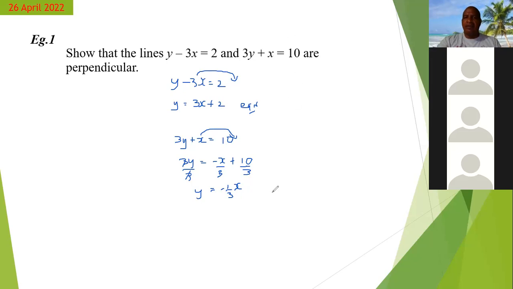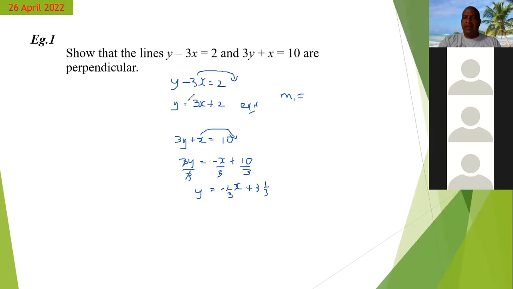Now, if you wish, you may convert that into a mixed fraction. What do you get if you convert that into a mixed fraction? Anybody? 3 1/3, sir. We have 3 1/3. Now, from the two equations, from the first equation, we would say M1 equal to what? 3x, sir.